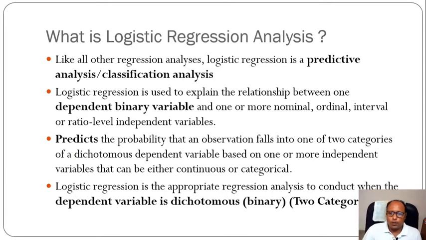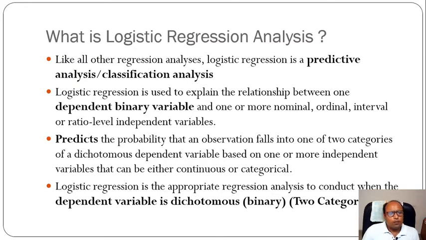Here, the thing to be taken care of is that your dependent variable is binary. It means it has two groups or two categories, and one or more nominal, ordinal, interval or ratio level independent variables. So your dependent variable is binary, whereas your independent variable can be nominal, ordinal, interval, or ratio.